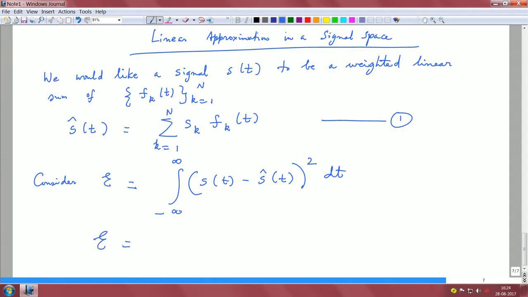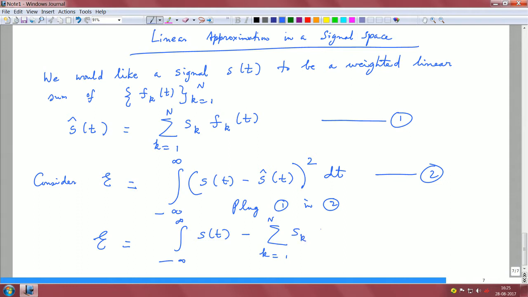So, E is basically integral minus infinity to plus infinity S of t minus, I just drop in, plug 1 in 2. So, when I plug 1 in 2, I have the summation k equals 1 to capital N Sk Fk of t, take the square dt.